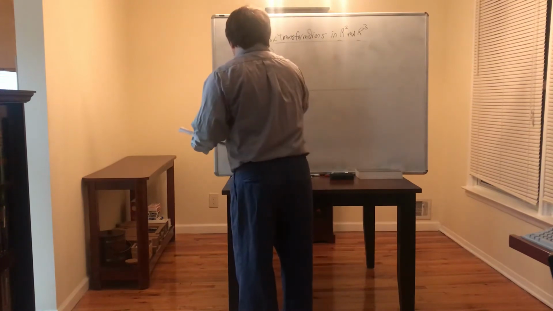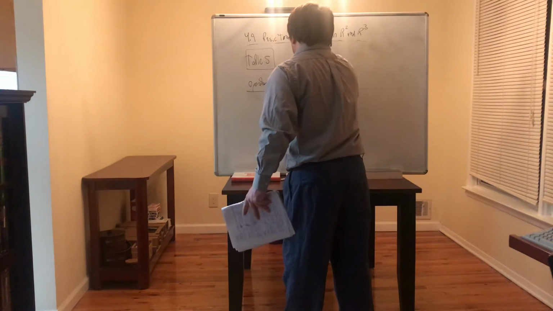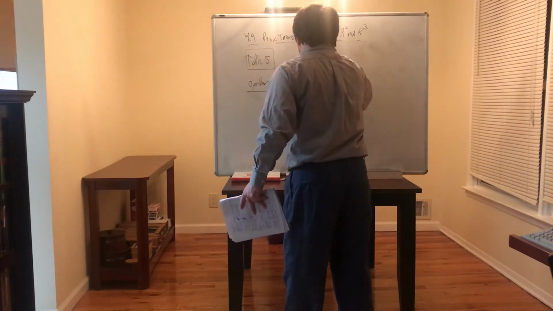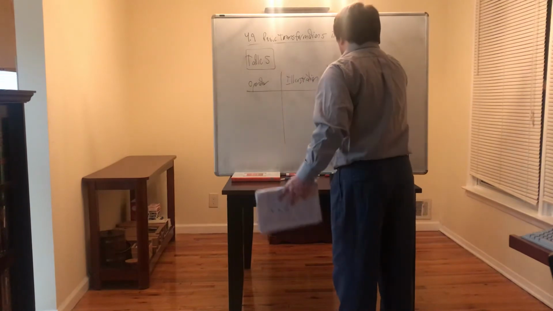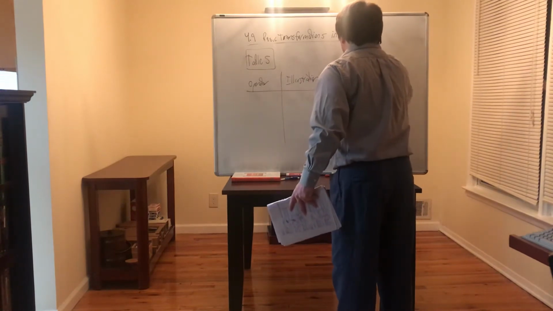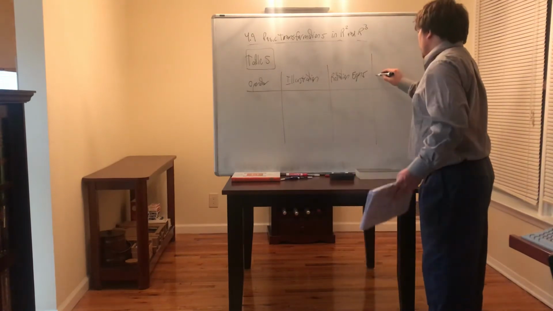Okay, so table 5 is the operator. The second column is illustration again. The third column is rotation equations. And the fourth column is the standard matrix.